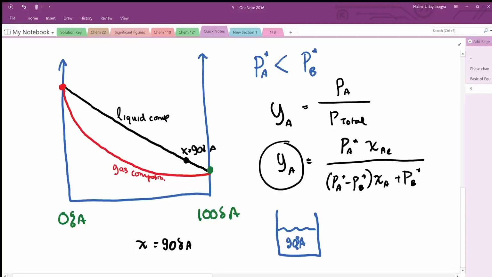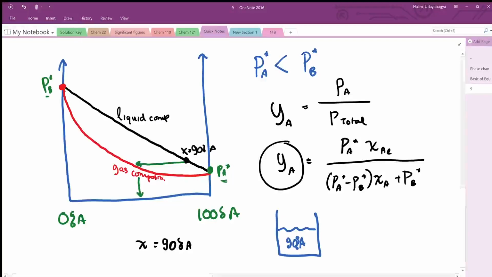Because again, A is harder to boil. This is P_A star. This is P_B star. So A is harder to boil. The vapor pressure is less than that of B. So what happens is that the composition of B is going to be higher in that regard. While your liquid composition is 90% A, you may find that your gas composition is going to be different.